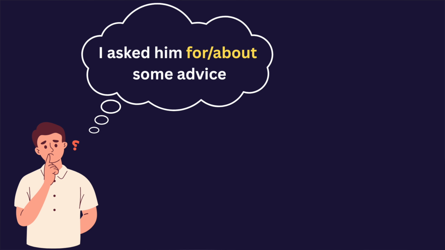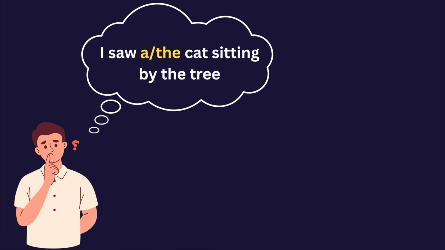So if you're confused about which preposition to use, from, about, for, or if you're confused with which article to use, like the, a, an, or maybe not to use an article, this is completely normal. Okay, students will continue to struggle with these little words all the way up until the advanced level.